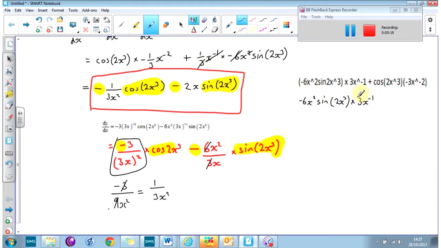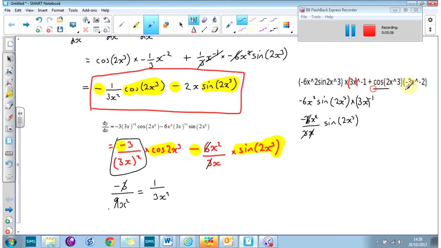At the moment I'm fairly sure it's correct, but I'm going to assume charitably that's what you meant, Anna. So that's our first term there. So what we've got there, we've got a minus 6x squared divided by 3x, which is those two bits, and then the sine. You can see that and that are going to leave us with 2, and then that and that cancel there. So that's the second term, so that's all fine. I'm just going to stick those brackets in there, just because without those it's technically speaking wrong.